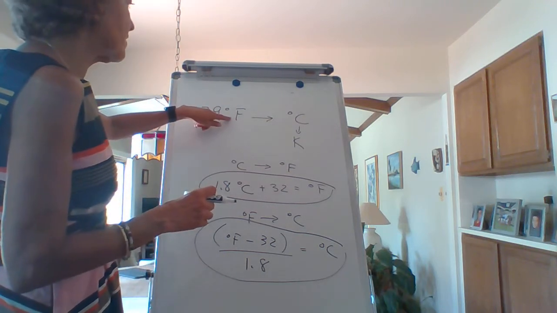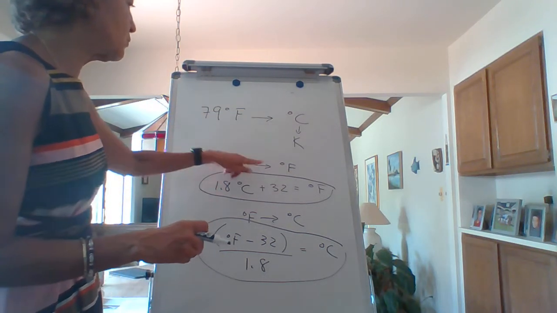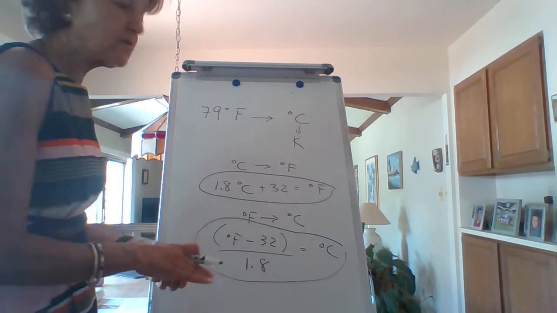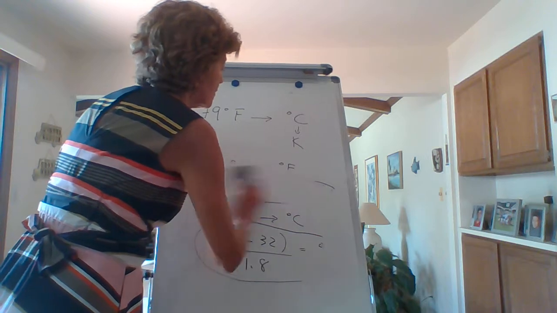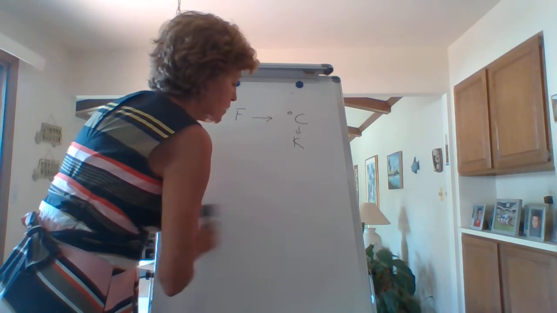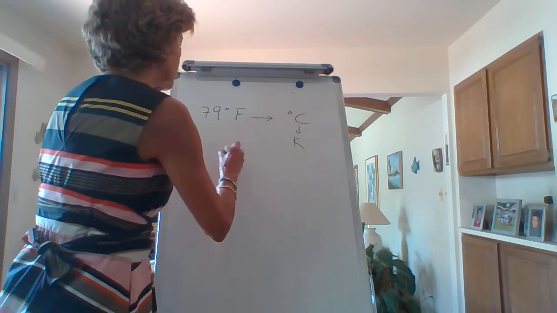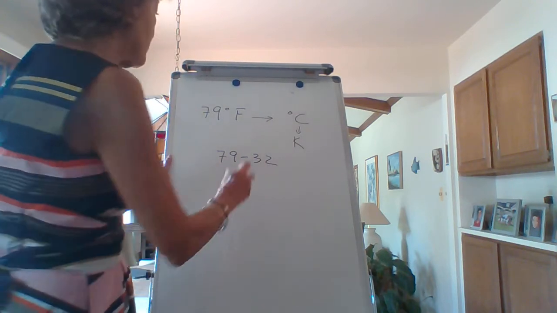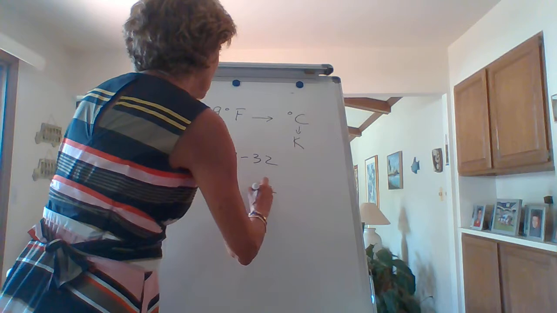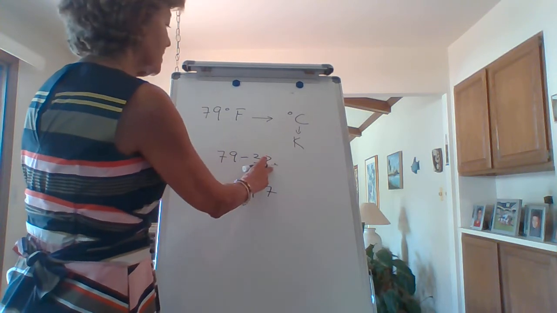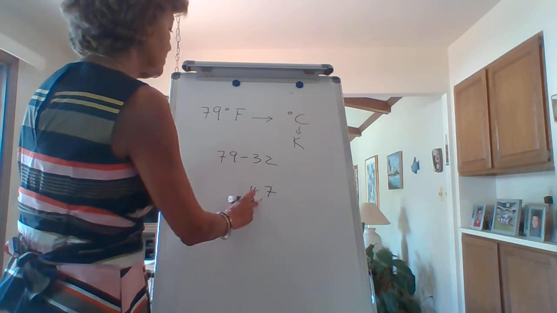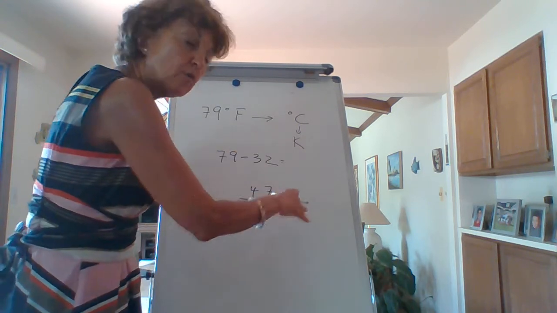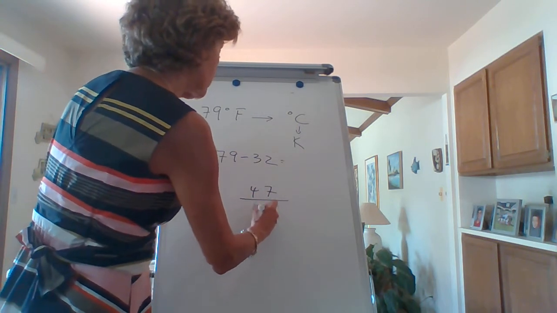We're given Fahrenheit, we want to go to Celsius. So which one of these are we going to use? We're going to use this one, Fahrenheit to Celsius. So the first thing you want to do is to take that 79 minus 32, all right? And that gives you 47. So 9 minus 2 is 7, 7 minus 3 is 47. And then remember how I said you could do that, press equals, and then you're going to divide it by 1.8.